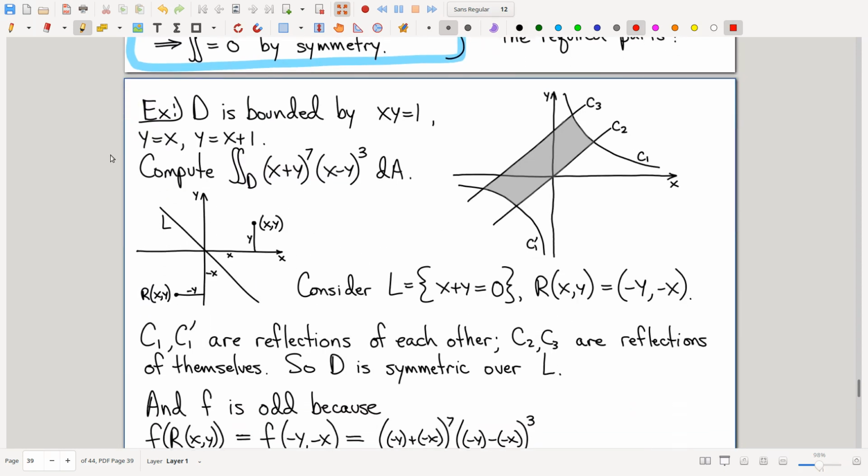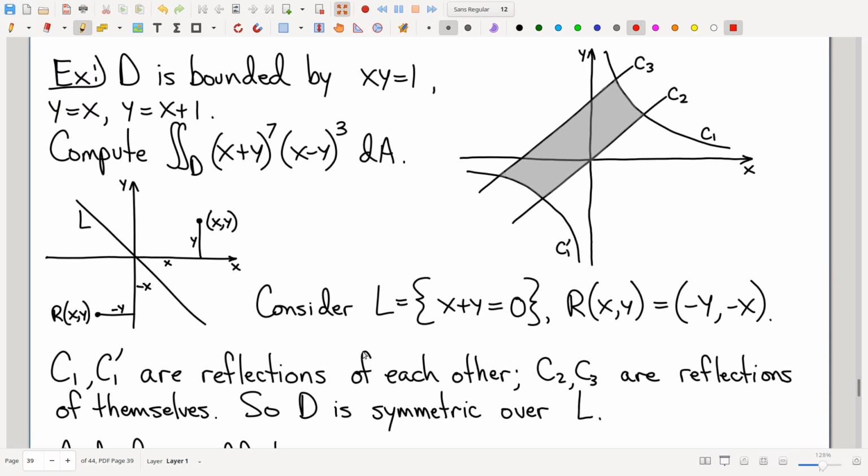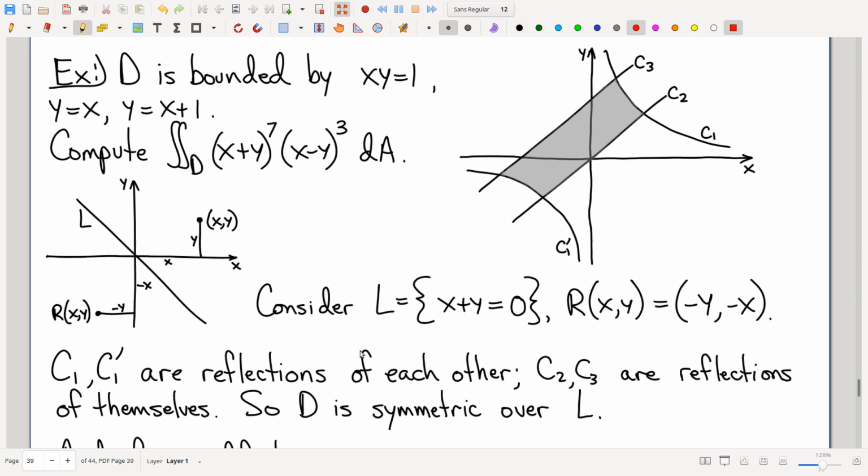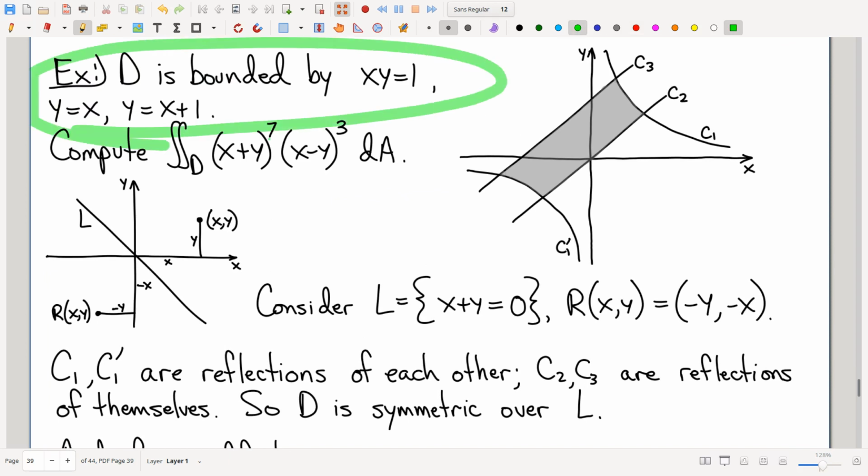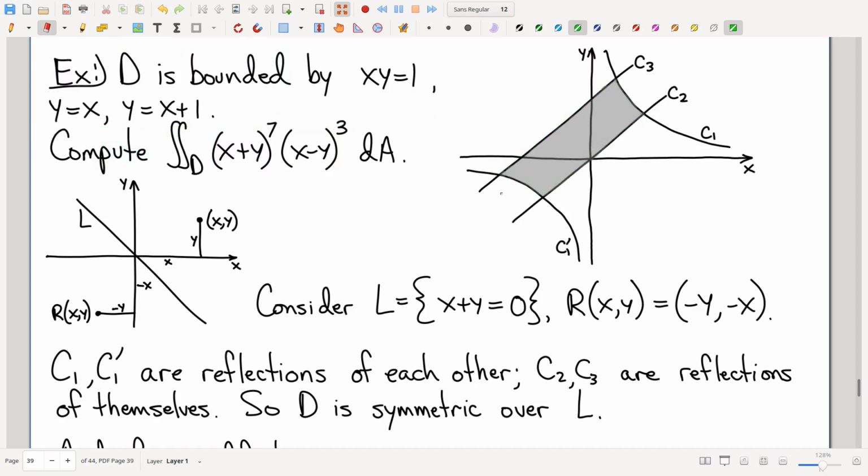Okay, here's another example. This is a weirder one. Our domain is bounded by a couple of lines and this hyperbola. Think through the lines. You draw it up, and this is what our domain ends up looking like. And again, you don't have to justify why the domain is symmetric.